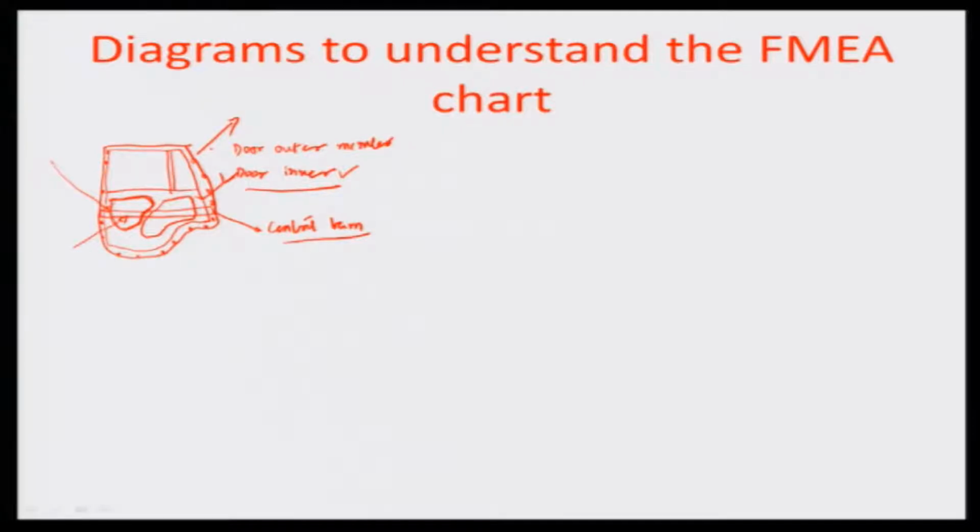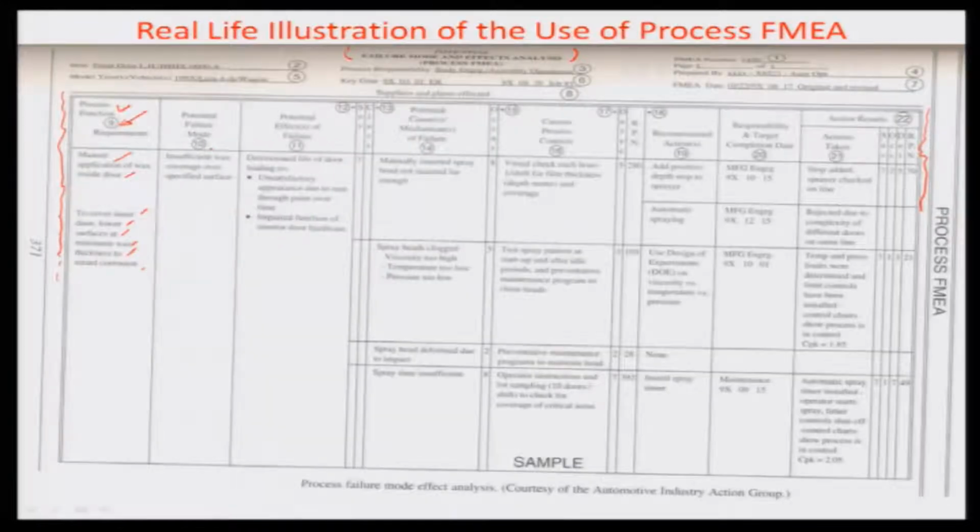So it's a very, very complex unit, and obviously the purpose, as you can understand here in the FMEA, is the application of wax inside the door, and to cover the inner door lower surfaces at minimum wax thickness to retard the corrosion.